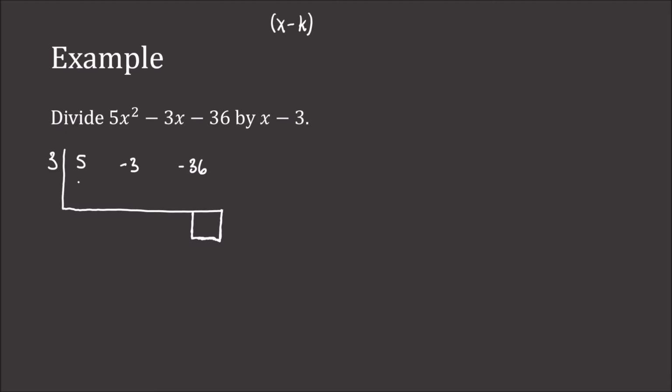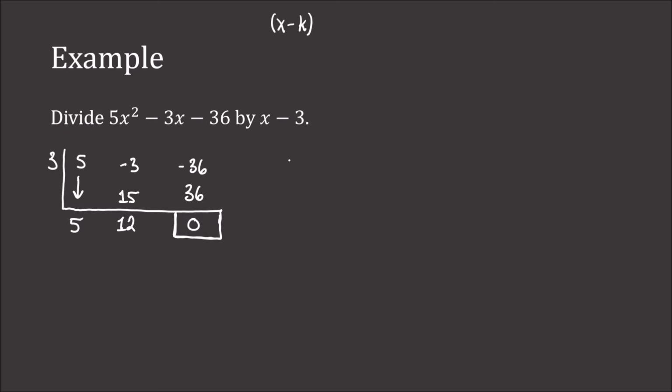So what we do is we carry down this 5. 5 times 3 is 15. Now add them, so minus 3 is 12. Times 3 is 36. Minus 36 is 0. Like I said, that 0 is our remainder.